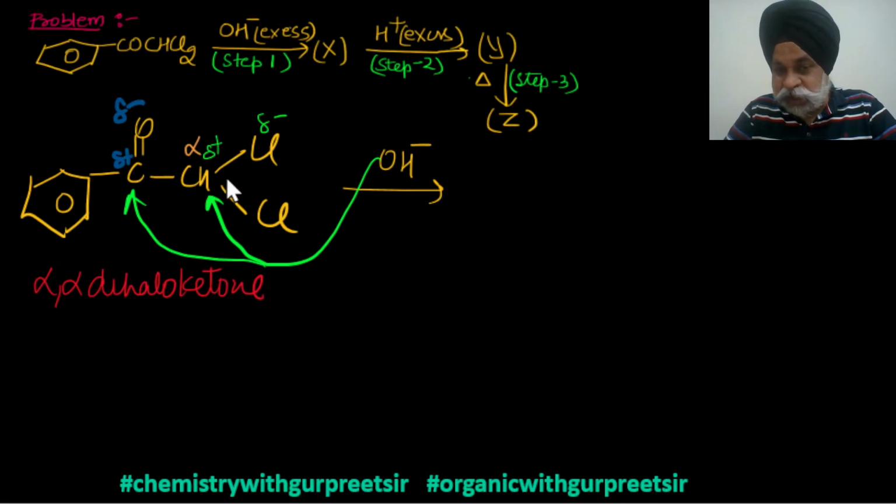Here I would take this reaction through nucleophilic substitution, because the carbon-oxygen double bond is stronger as compared to the carbon-chlorine bond, and halogen is a good leaving group. So nucleophilic substitution would obviously predominate in this particular problem when we compare it with nucleophilic addition to the carbonyl group.